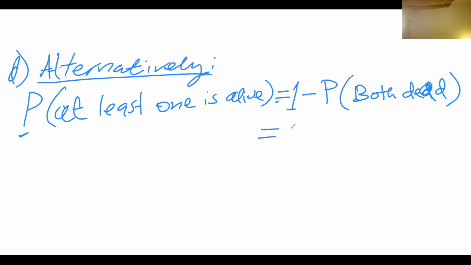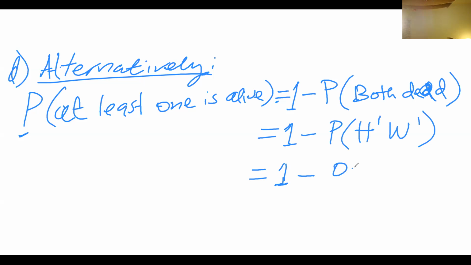So which is 1 minus the probability of husband not alive and wife not alive, which is 1 minus the probability of husband not alive is 0.3 and wife not alive is 0.1. This is 1 minus 0.03.